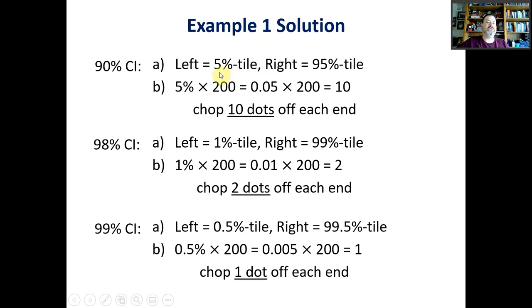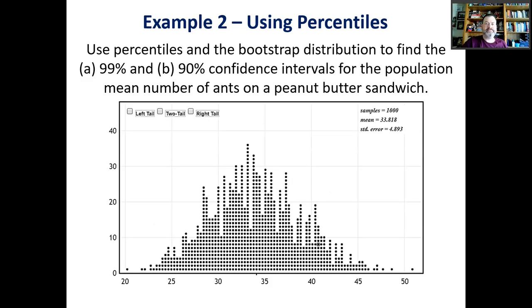So if you're doing a 90% confidence interval, you'll be given a list of values, pick the 5th percentile and the 95th, and there'll be some numbers, and that's your answer. It's just those two numbers. It's the same thing we're doing here, but it's a separate type of problem. Just watch out for those problems. You still have to do part A, the same as in this problem. But for part B, you're not counting dots, you're selecting from a list.